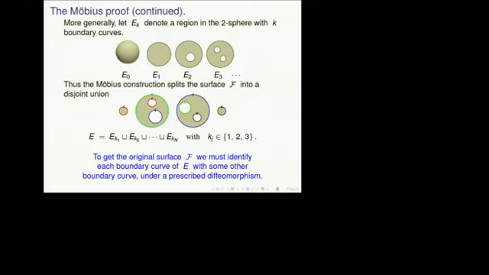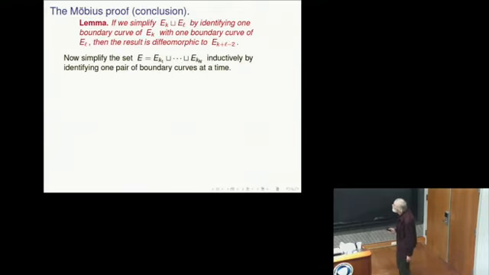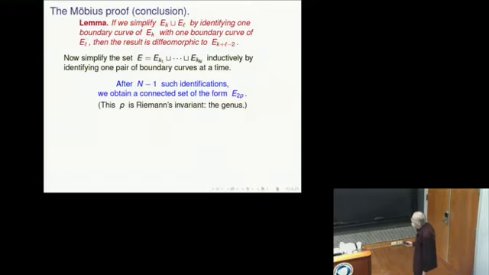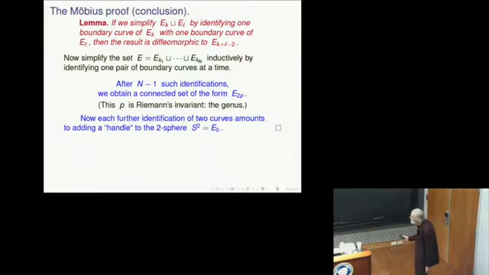So after a finite number of transformations like this, we obtain a connected set with just some even number of boundary curves. And now here P is again the Riemann invariant.